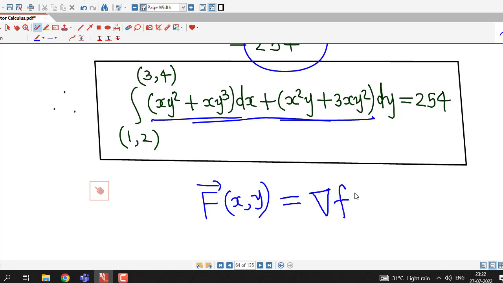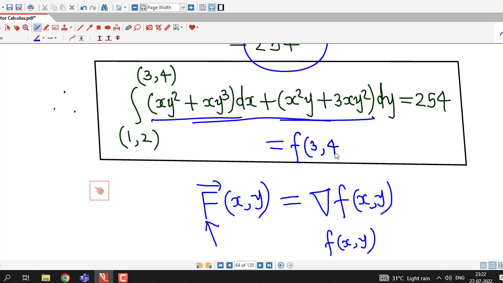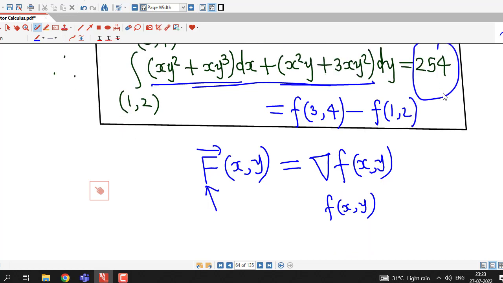Therefore we find the potential function for the conservative field f bar, and after obtaining this function f of xy, this is very easy. It is equal to the value of the potential function at the terminal point minus the value of the potential function at the starting point, and we find that the value of the line integral is 254.